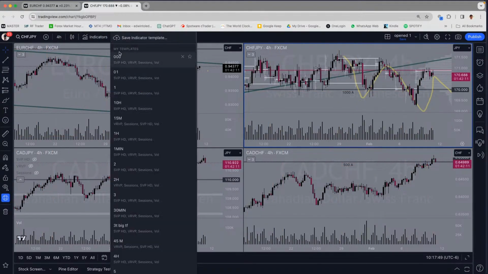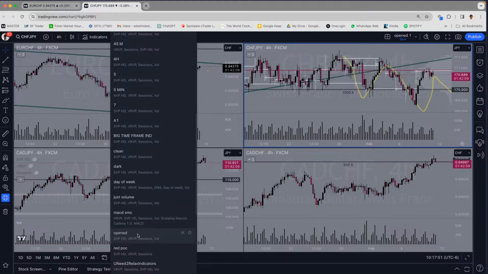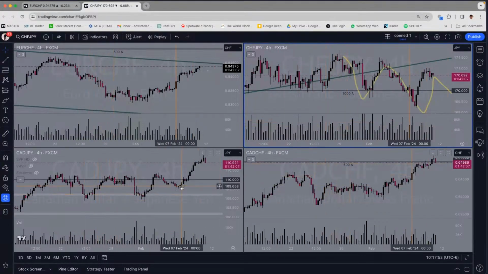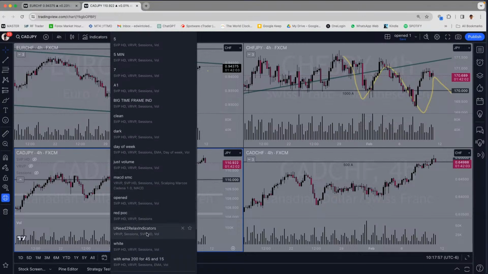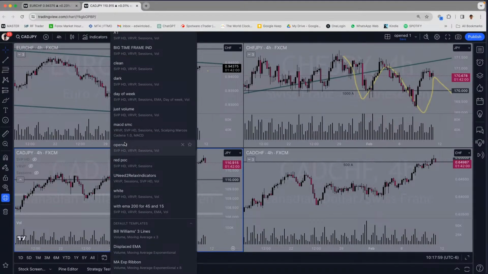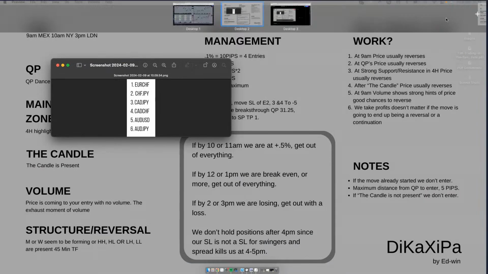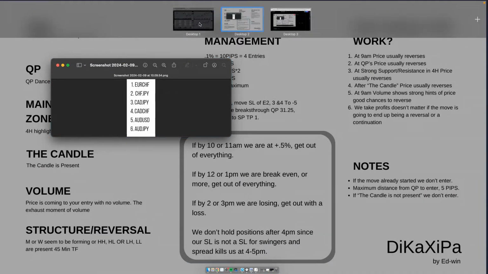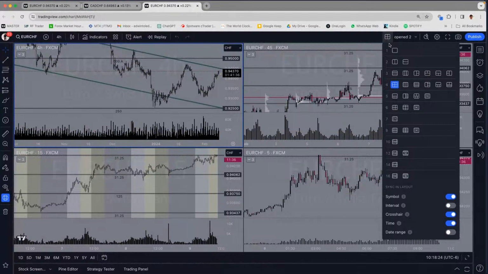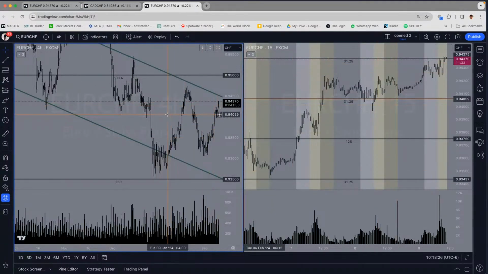So maybe if I do this and I click on opened, it will go cleaner. Okay, which are AUD and AUD Gen.